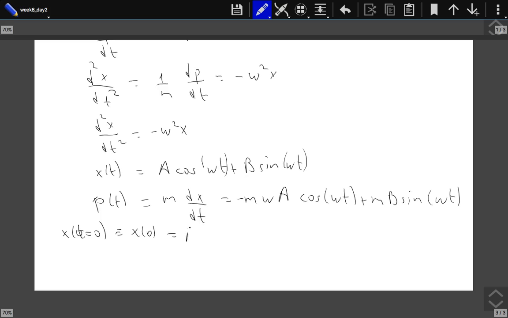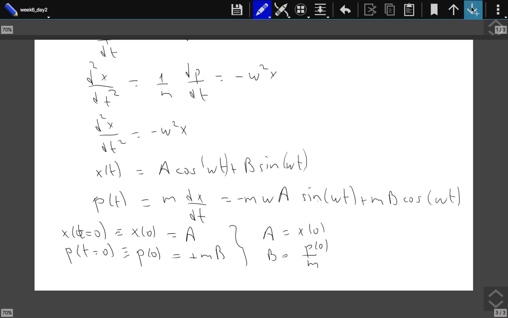This is a. Now p at t equal to 0 is p0. This is m omega b. So we know that a is equal to x0, b is equal to p0 over m omega.